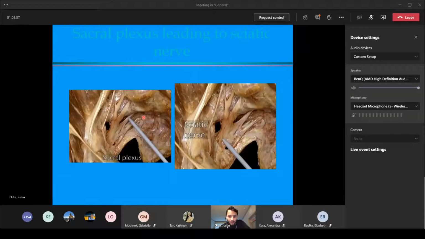And then over here, this is going to be the sciatic nerve getting branches from L4 to S3. That's the one I would just know, the sciatic nerve is getting branches from L4 to S3. But that's literally about it. So this would be sciatic nerve, and this would be sacral plexus.